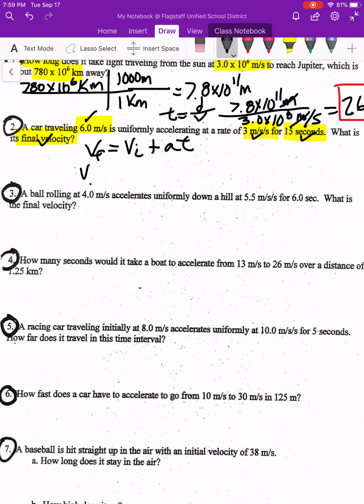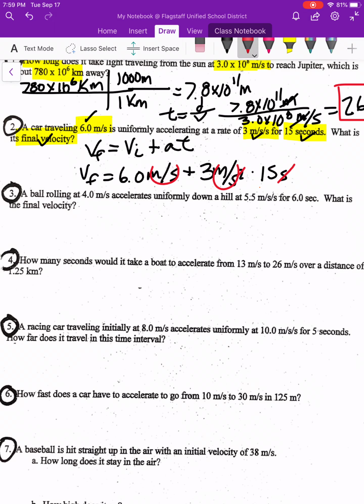So V final equals 6.0 meters per second plus 3 meters per second squared times 15 seconds. If we see what cancels out, seconds and the squared cancel out, so I'm left with meters per second and meters per second.